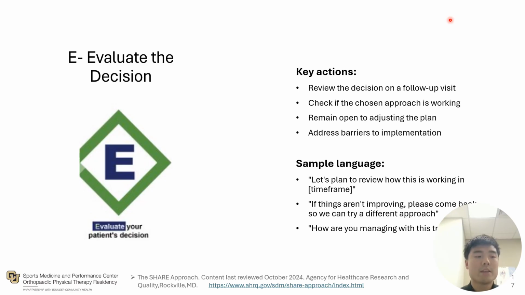By building in this evaluation step, we demonstrate that we are partners in their care for the long term, not just for that one visit. We might say, let's review how this is working in 3 months, and if you're not seeing improvement, we can consider other options. Right? Again, the language matters in all of these steps.